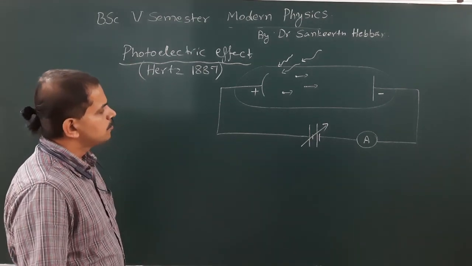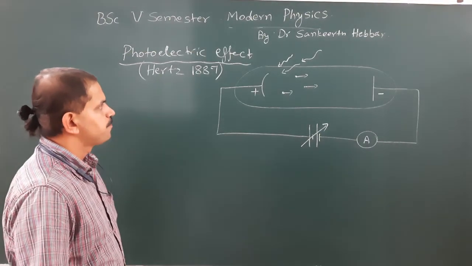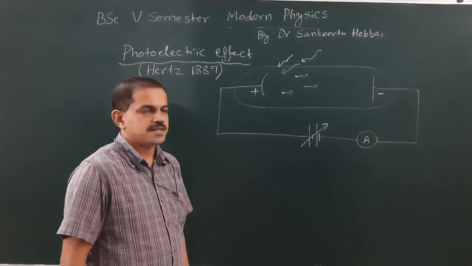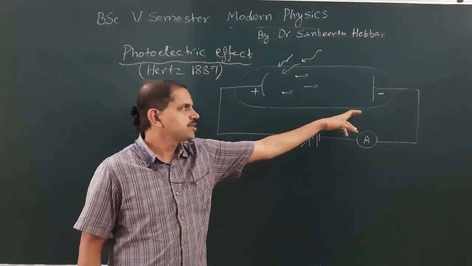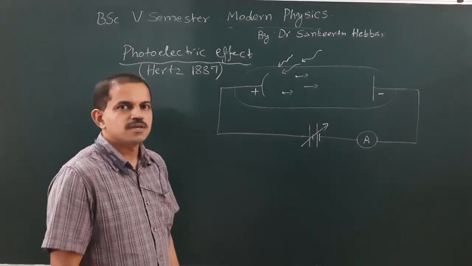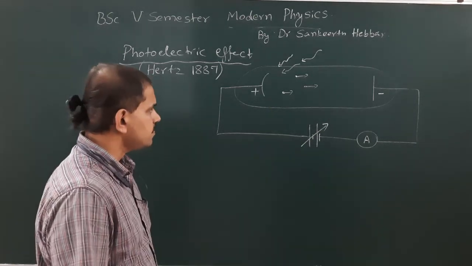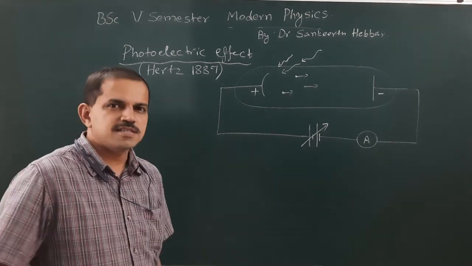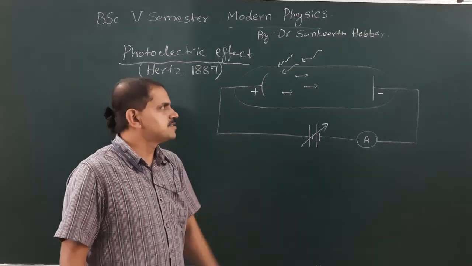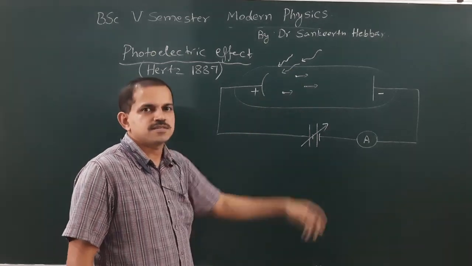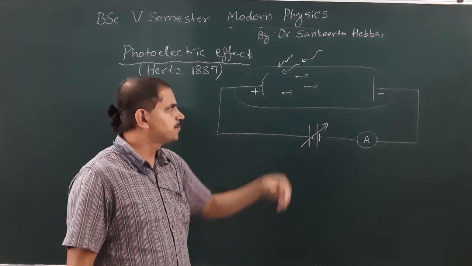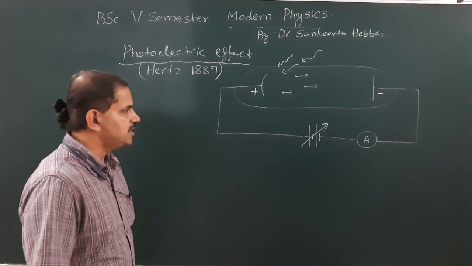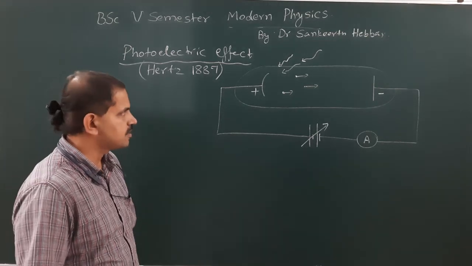What he observed is he went on changing the frequency of the X-rays, keeping the potential difference between the two terminals at 0. He did not see anything for a long time, and suddenly at some frequency he observed sparks between the two terminals, and he observed a current in the current meter he had in the circuit.